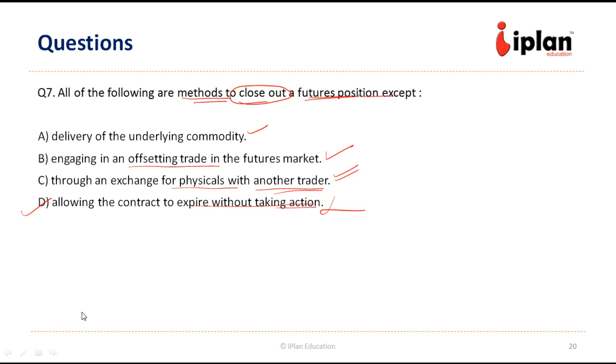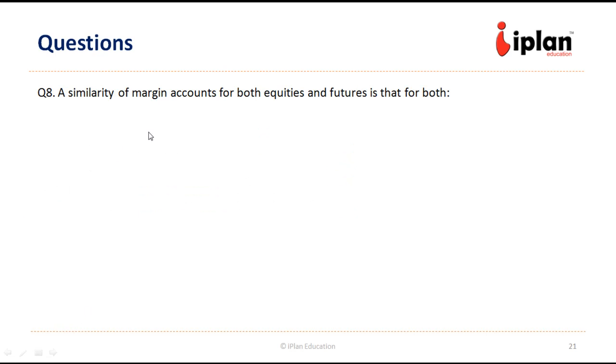Let us take one more question. Question number 8. It says a similarity of margin accounts for both equities and futures is that for both, option A says the interest is charged on the margin loan balance. As we already know, in the case of equities there is interest.